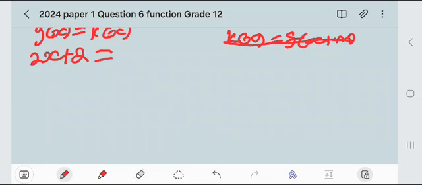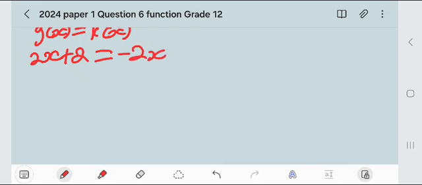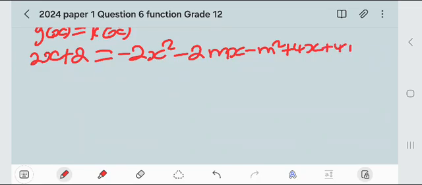So since they are equal, we have the given f of x, which is minus 2x squared minus 2mx minus m squared plus 4x plus 4m plus 5.